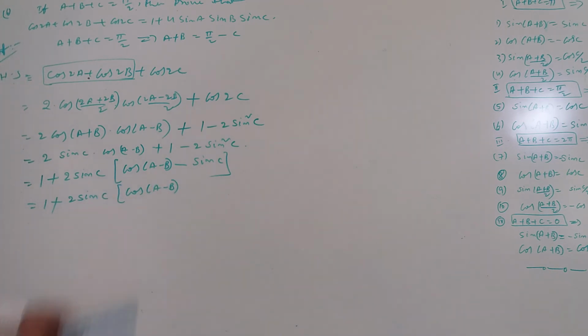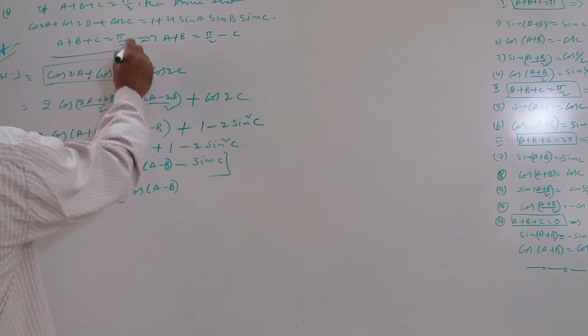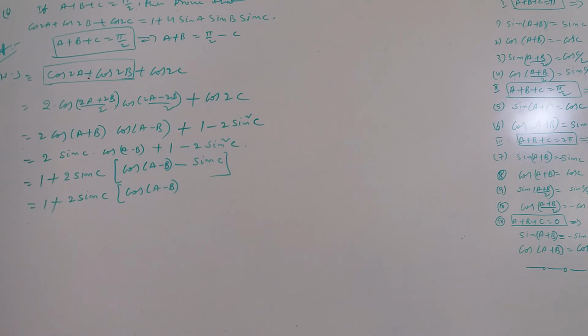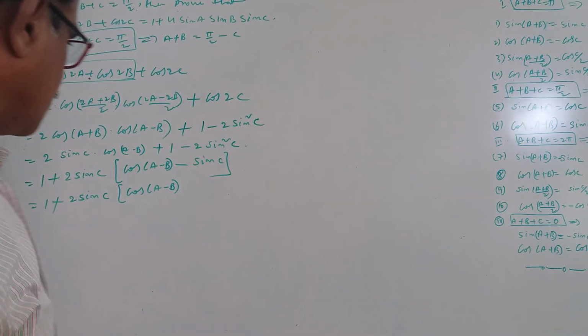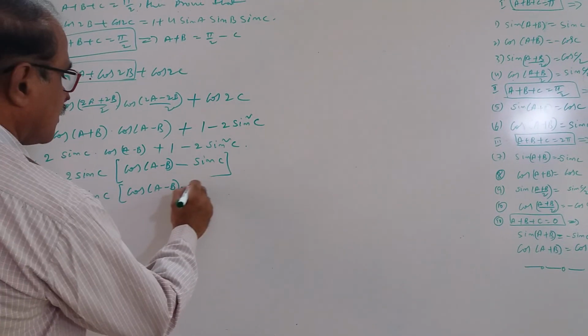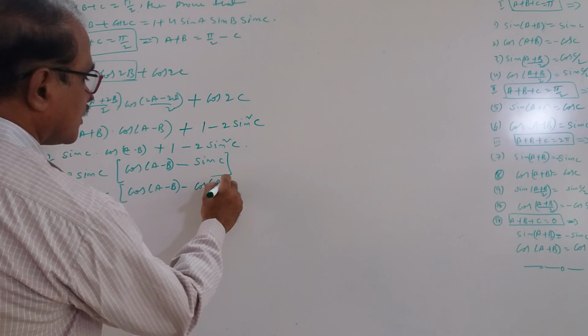Now we have to take sin c into cos terms. How can we change sin c? If a plus b plus c is equal to pi by 2, then instead of sin c, we can write cos of a plus b.